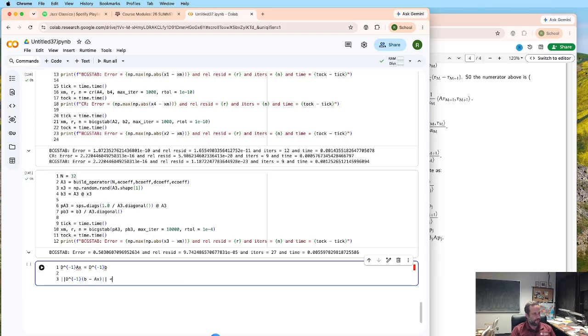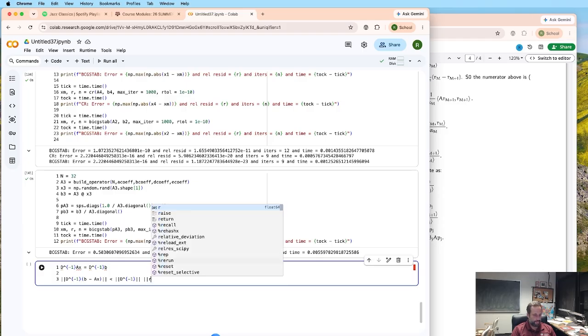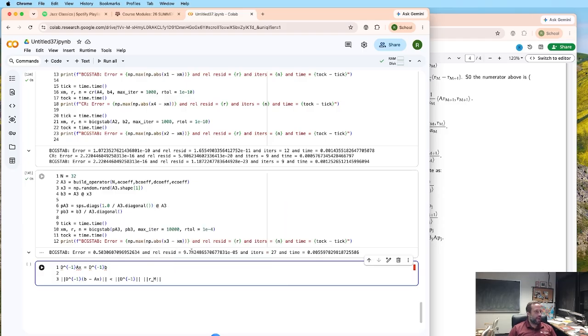This is less than or equal to the norm of D inverse times the norm of the residual that we care about. So it could be the case, and often is, that the residual we actually care about is somewhat big, but this is very small, and so it makes the residual artificially small.